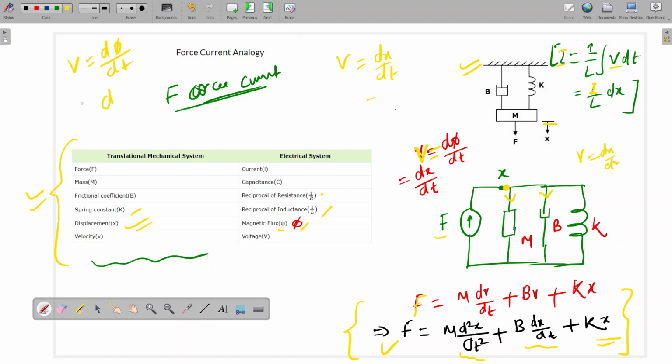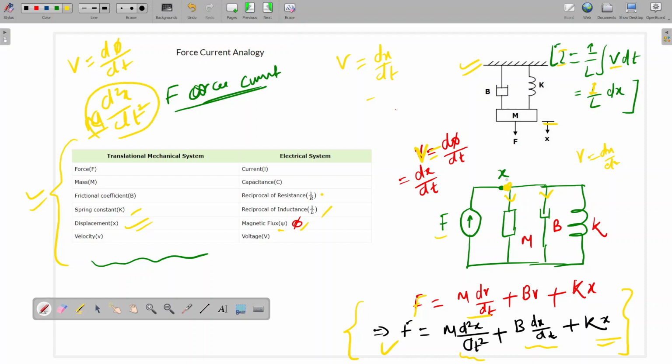Our term is C dV by dt. So C is m, and V is d phi by dt. So that will be m into d square x by dt square. That's the first term.